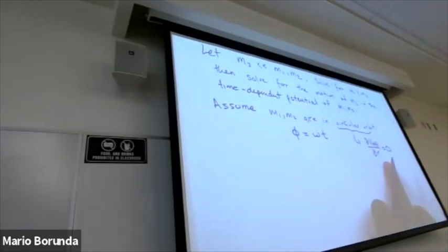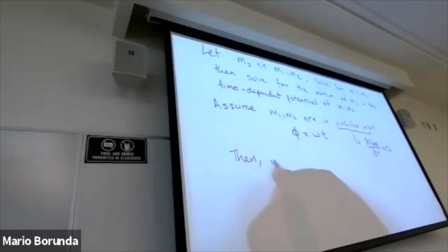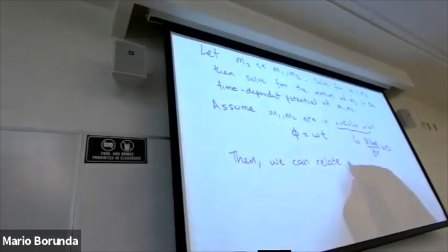Since we know that this is 3, and we have for the gravitational problem, so at this point we can relate the angular velocity and r.